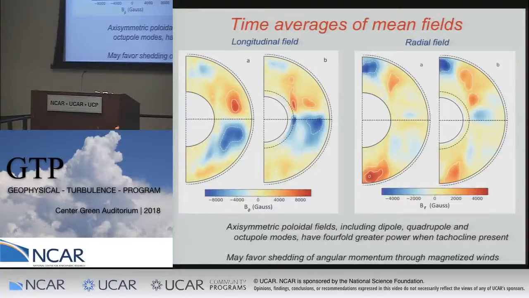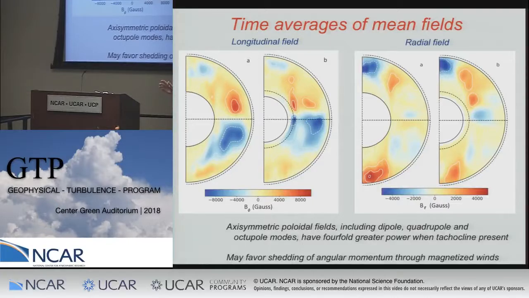Well, it suggests that one point of significance is that if you are one of these more massive stars and you have a tachocline rather than going convective all the way to the center, you may be really improving your ability to shed angular momentum through your magnetized winds.